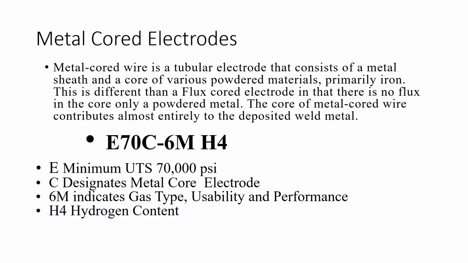But other than that, it's pretty much the same as the ER, the electrode rod, other than this is just a straight electrode. But it gives you the gas type, the usability performance, and also the hydrogen content, which is really important in a lot of industries because we don't want to have hydrogen cracking. We want to minimize the amount of hydrogen we have in the weld puddle.